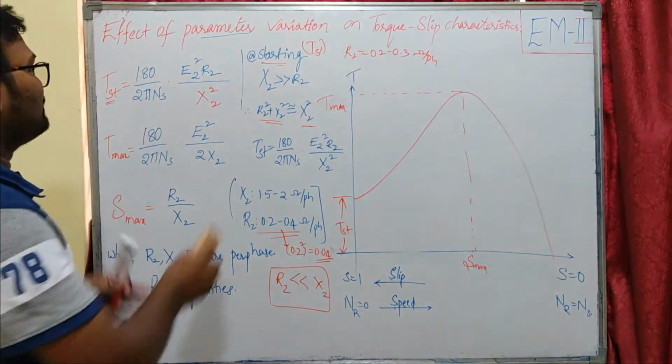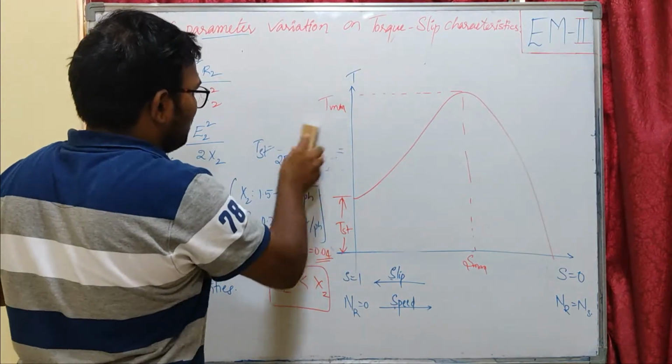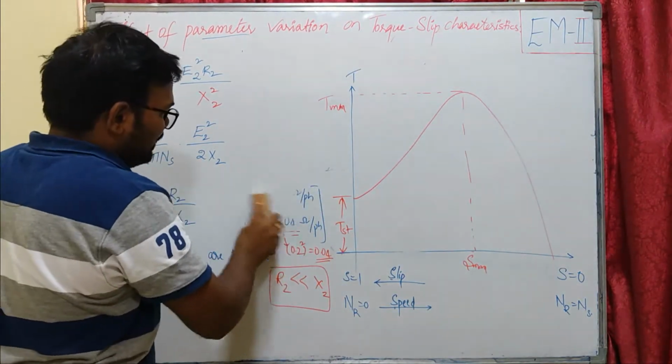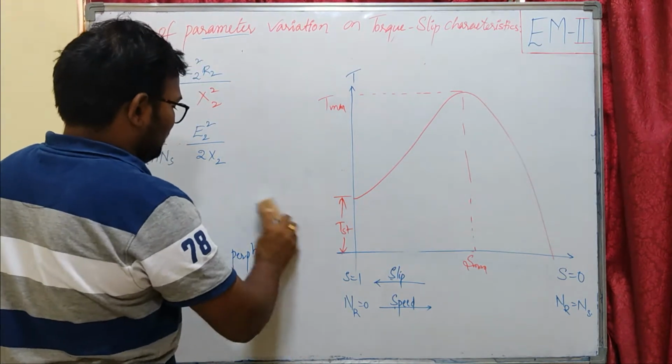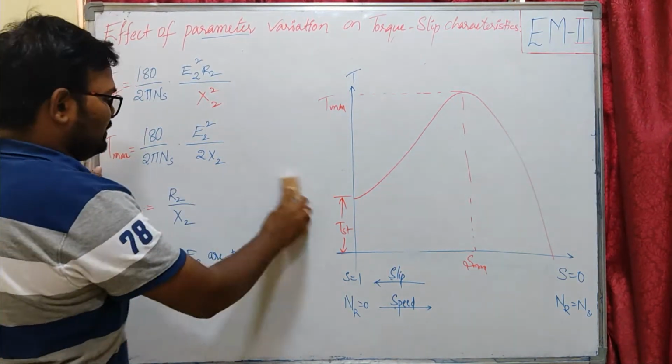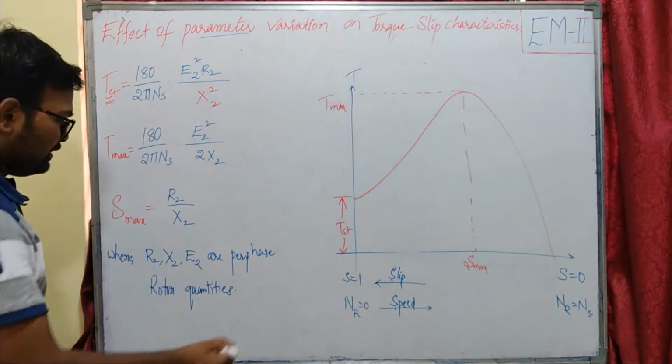Now let us see how our maximum torque, starting torque and slip at maximum torque will behave for each parameter variation. All R2, E2, X2 are per phase quantities.